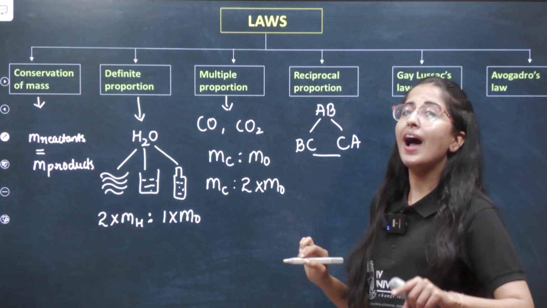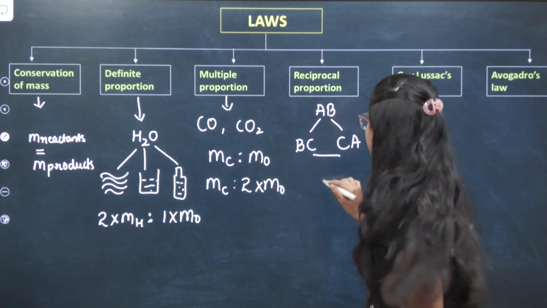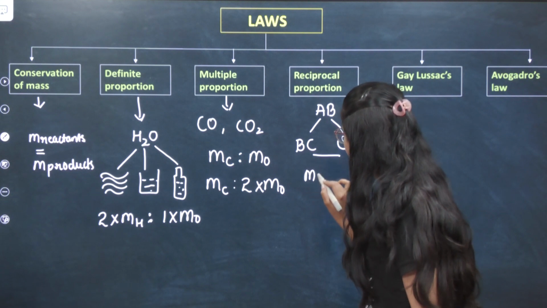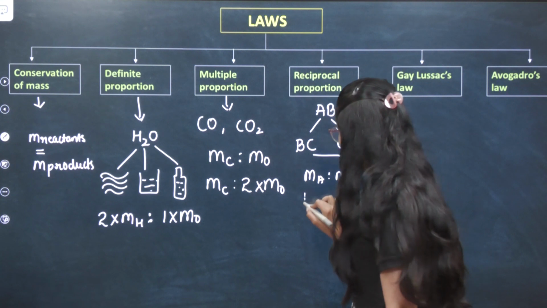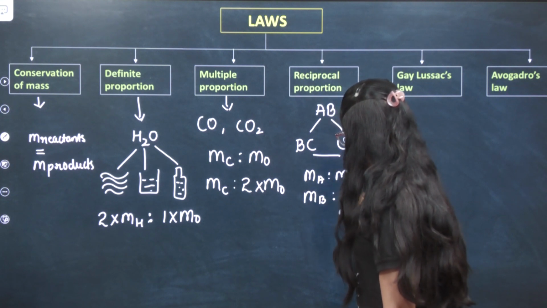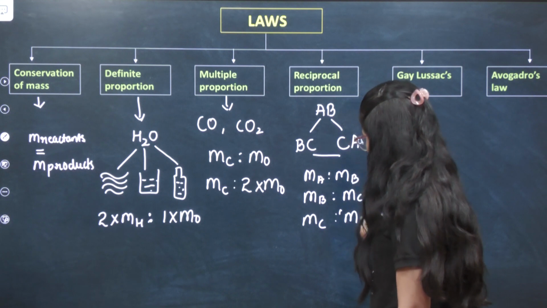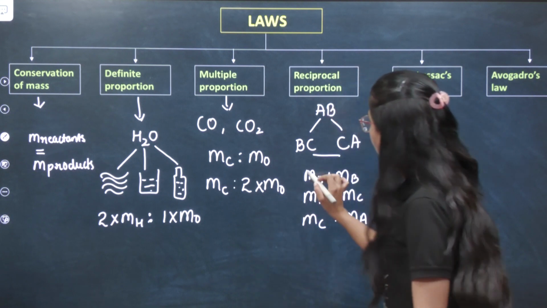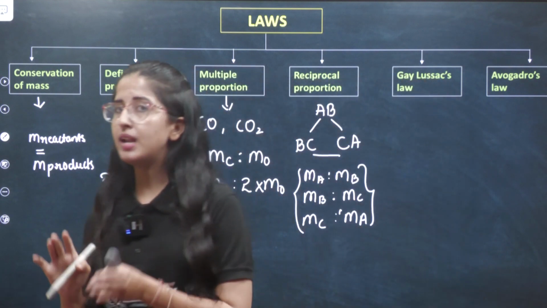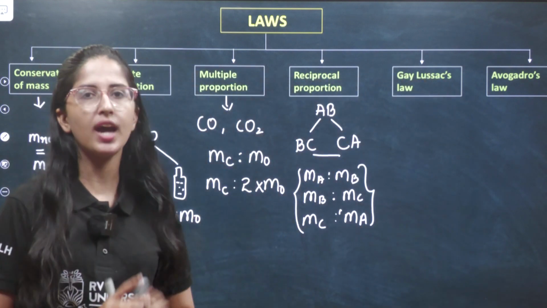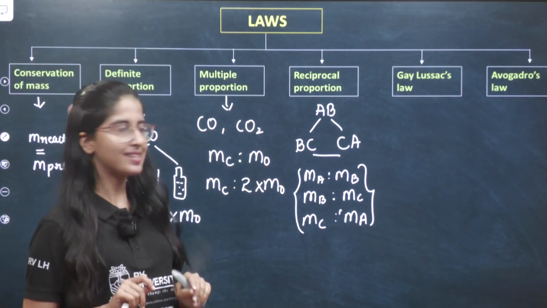Now I take the mass ratio of all these three: mass of A is to mass of B, mass of B is to mass of C, mass of C is to mass of A. And all these ratios will be the same or simple multiples of each other. That is what your reciprocal proportion says.